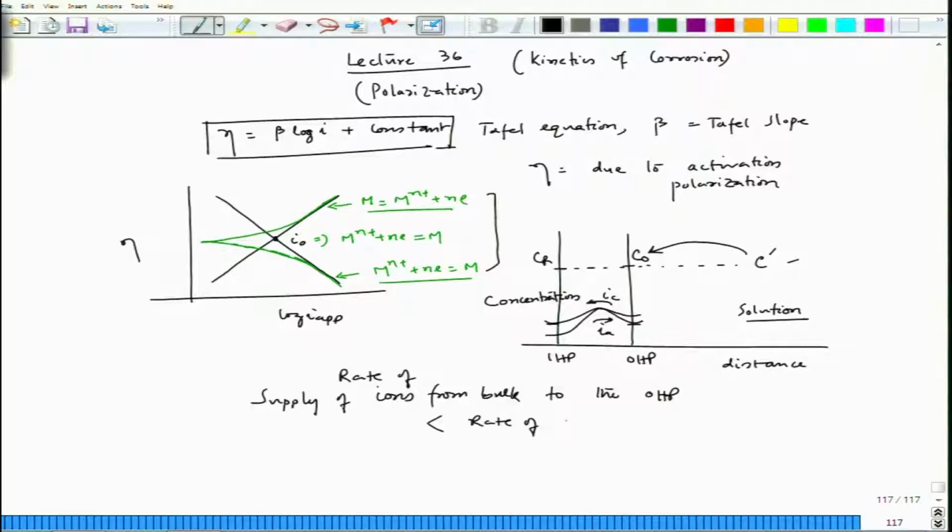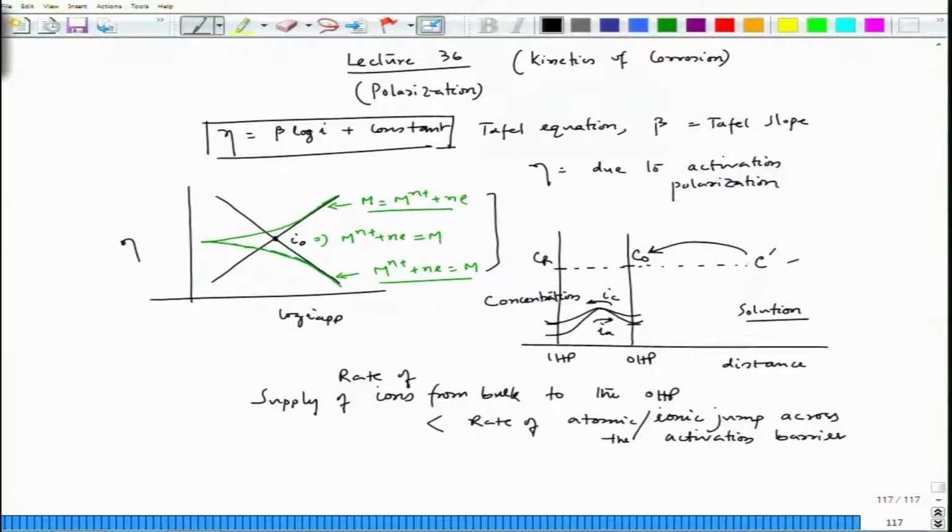and if I say that the rate of supply is less than the rate of atomic or ionic jump across the activation barrier, then there would definitely be a lag of metal ion supply from the bulk to the interface.